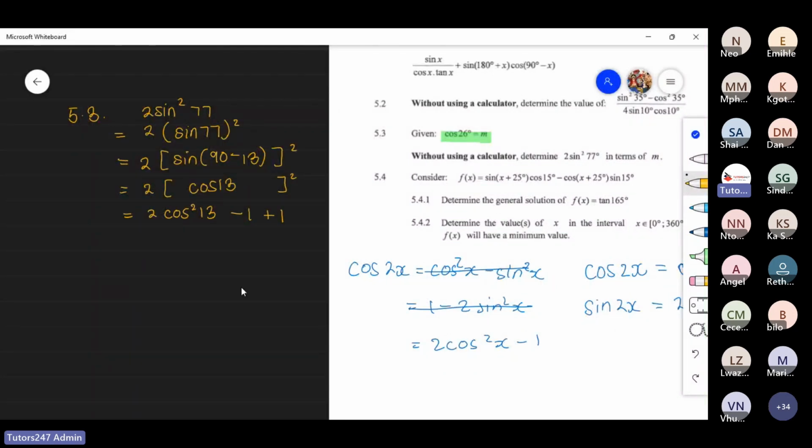So I've done nothing to change it, because if I were to simplify that, I would get back to my original. The whole purpose of adding that 0 was so that I could have this minus 1, because I know that that minus 1 completes my double angle formula. So technically, you've done nothing wrong. You've not changed anything. You've just added 0.